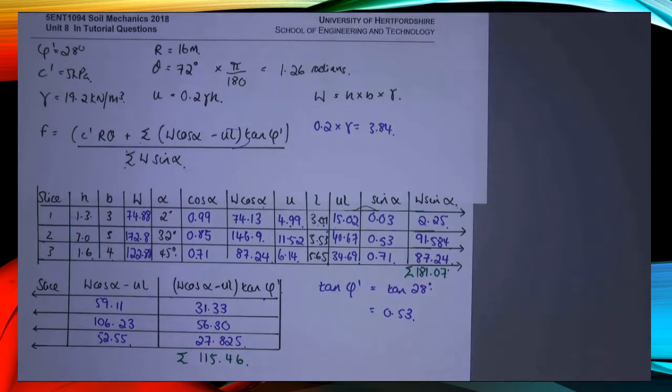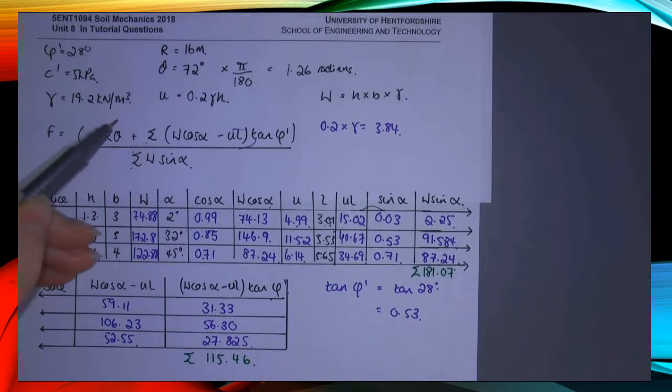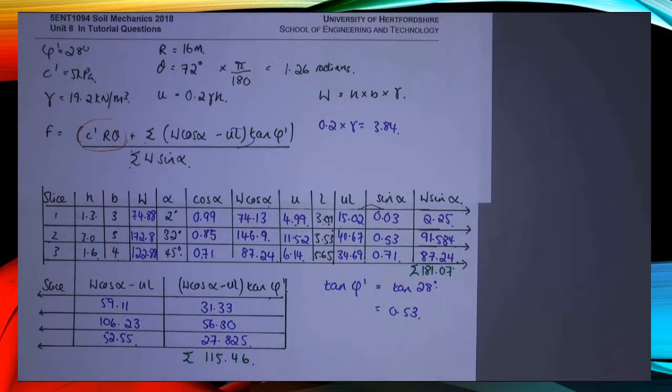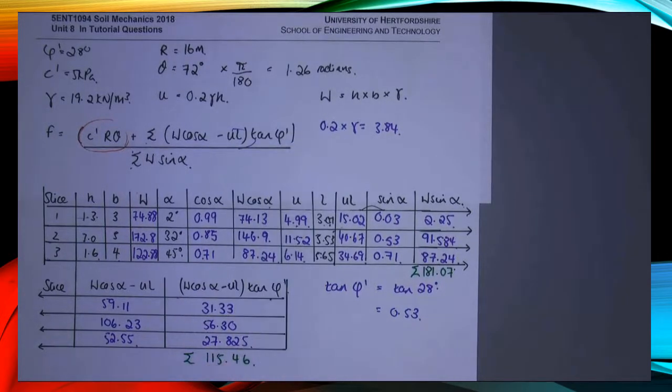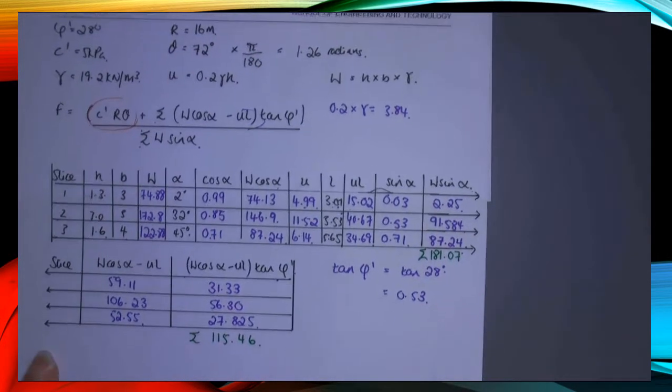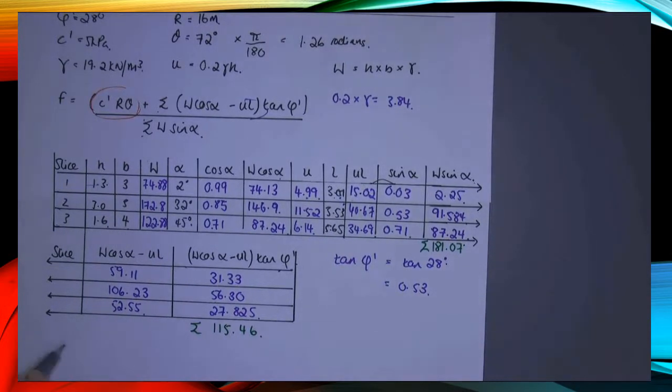Now, what we mustn't forget, that's really important, is that we also need to include the apparent cohesion resistance along the slip plane. That is calculated by C dash times the radius and theta in radians, which we worked out earlier. So we take C dash equals 5 kPa, which we were told from the question.